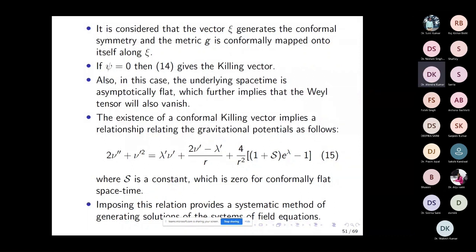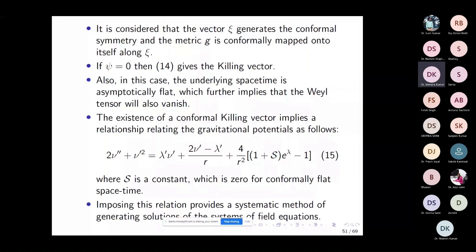If psi is 0, then equation 14 gives the Killing vector. Also, in this case the underlying space-time is asymptotically flat, which further implies that the Weyl tensors will also vanish. It means that if you take psi as 0, the space-time will be asymptotically flat.